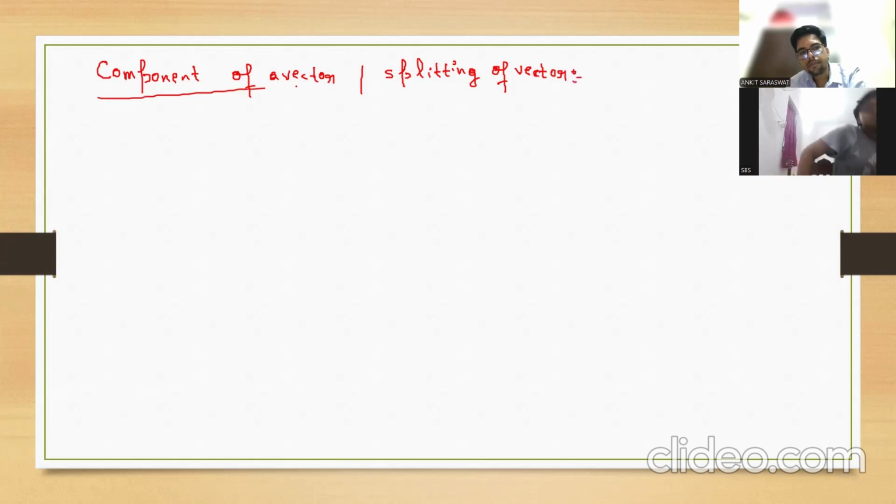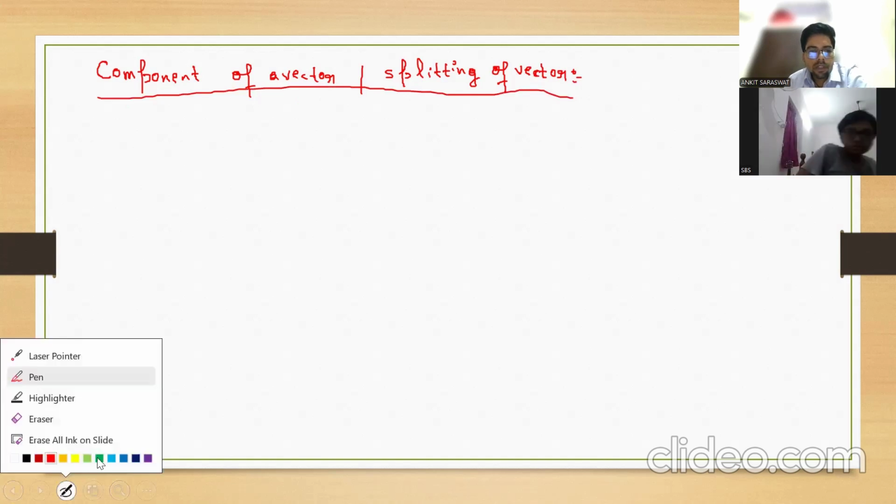Clear? Yes, sir. So splitting of vector means what?